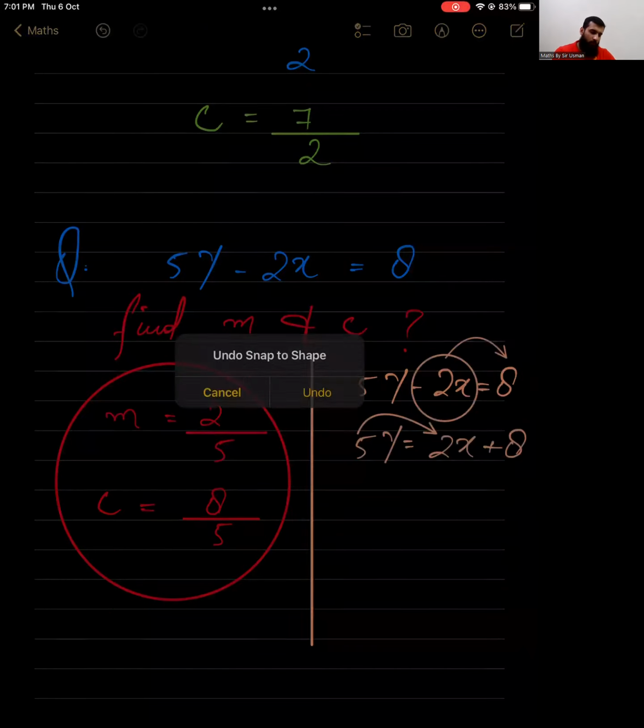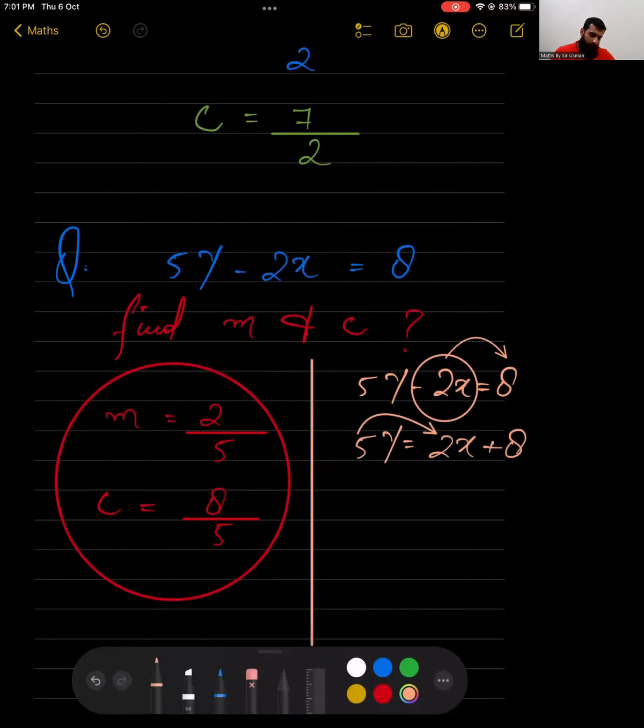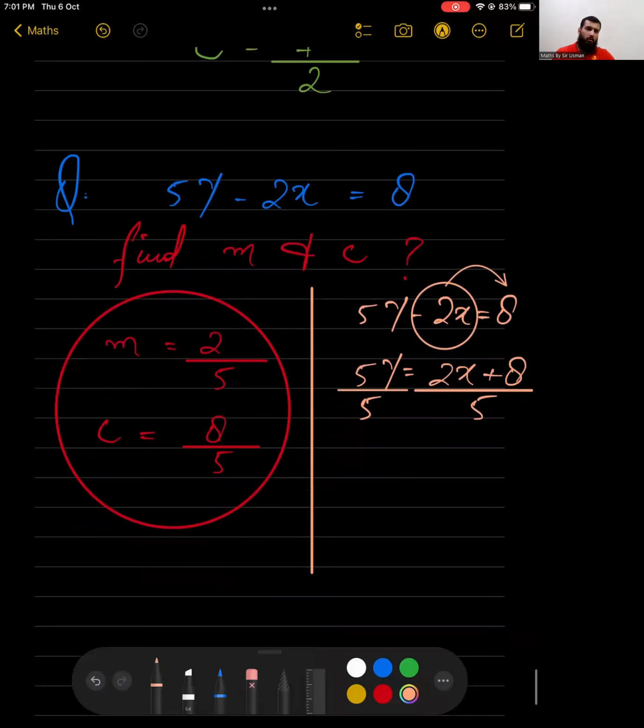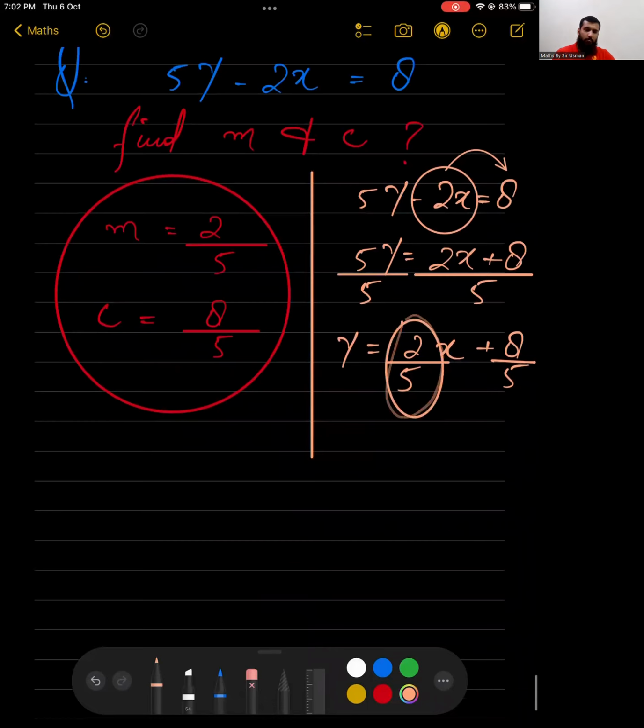So this is going to be 5y/5 and (2x plus 8)/5, and this produces y is equal to 2/5x plus 8/5. अब आपने compare करना है. You have got the value of m which is 2/5 and c which is 8/5.